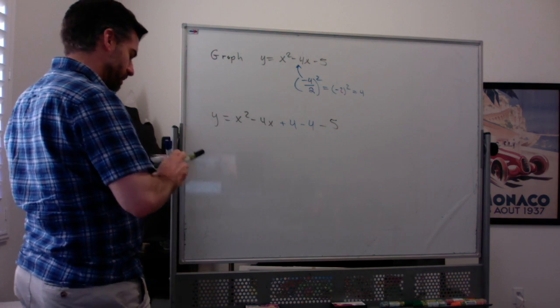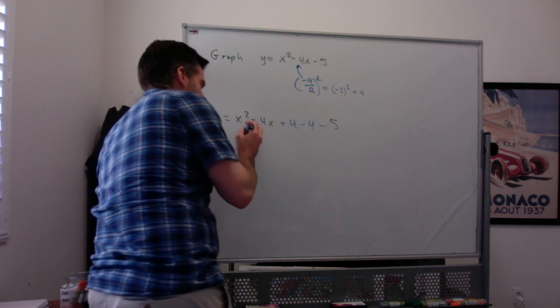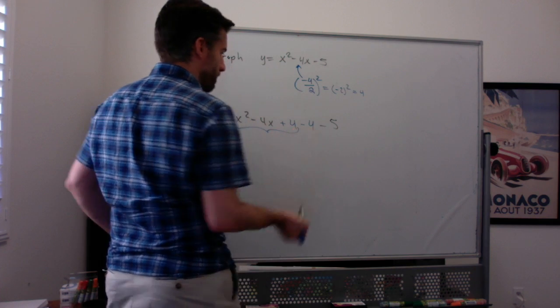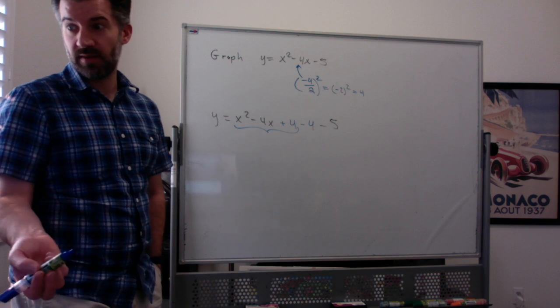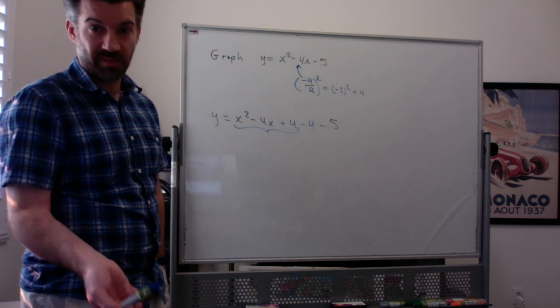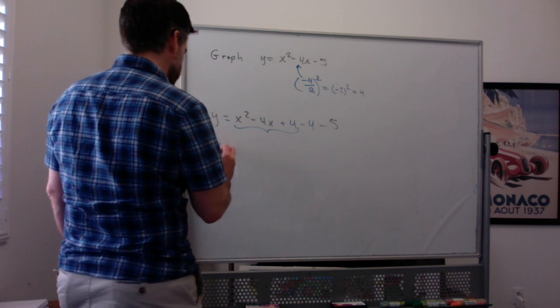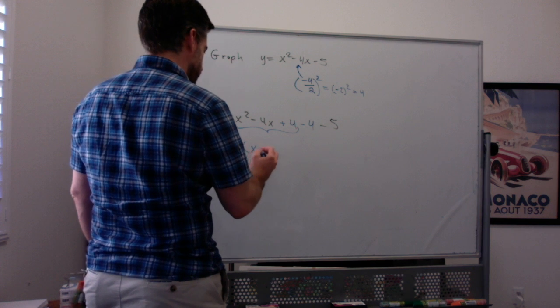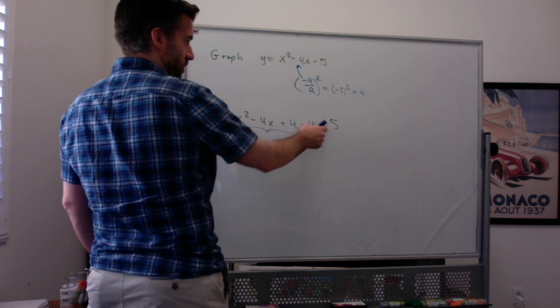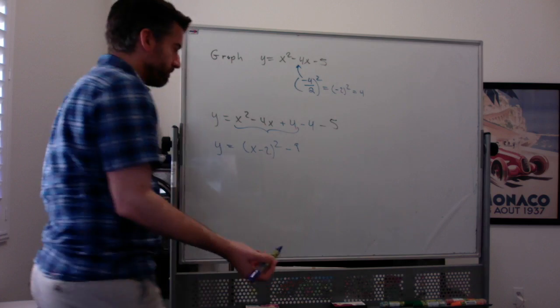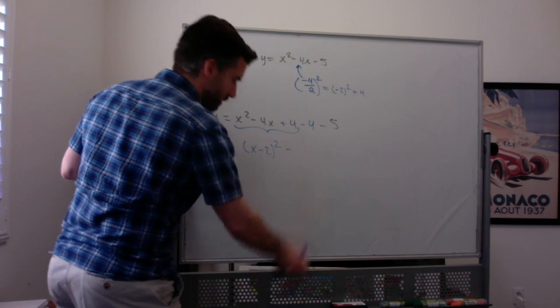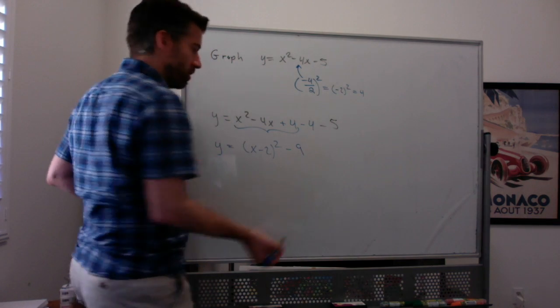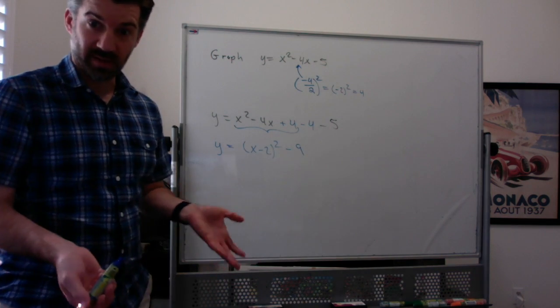And then what we do is we take these first 3 terms, these factor, and it always factors as something squared. That's going to factor as x minus 2 times x minus 2. And then minus 4 minus 5 is minus 9. And then what's nice about writing it in this particular format is that you can automatically see what the vertex is going to be.